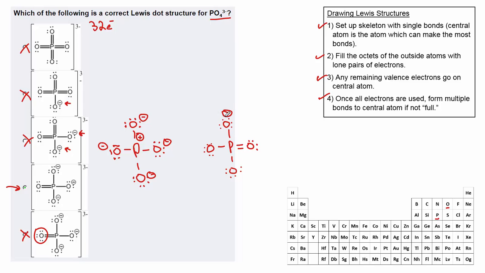But now we're still going to have 3 oxygens with a negative formal charge. But the phosphorus and the oxygen on the right here no longer have a formal charge. And like I said, there are actually 4 different structures we can draw. That's just the first one.